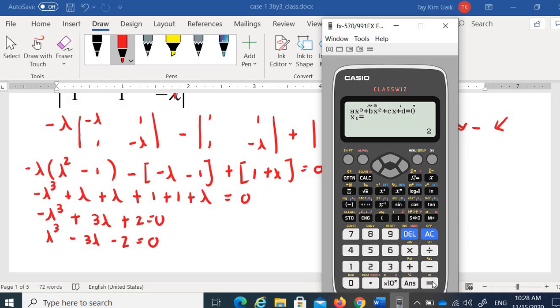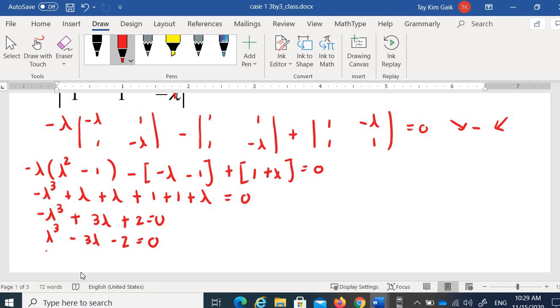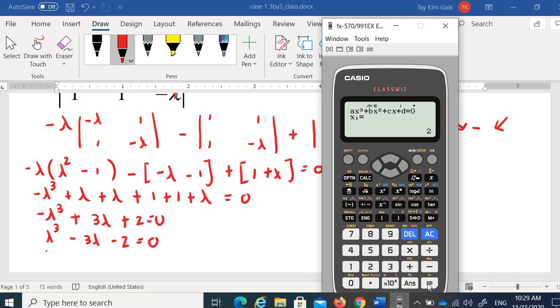So you get, okay, 2, negative 1. Okay, you only get 2 roots. So it means one of them is actually repeated. Okay, from the calculator you obtain 2 and negative 1.